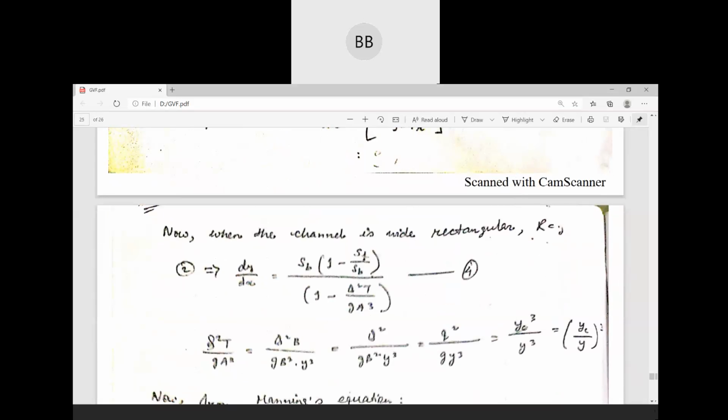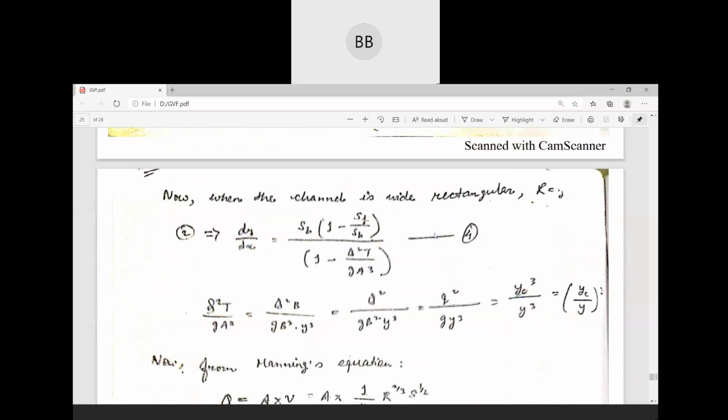Whatever you have got in equation number 2 is a general equation. So you can consider the channel is rectangular, or you can say wide rectangular, where R is equal to y.